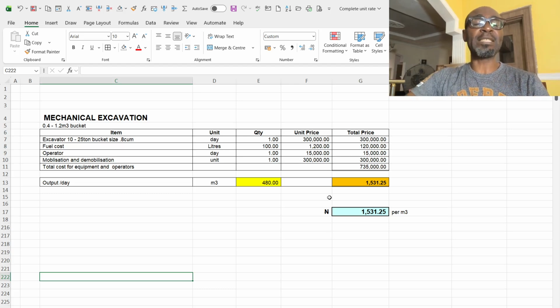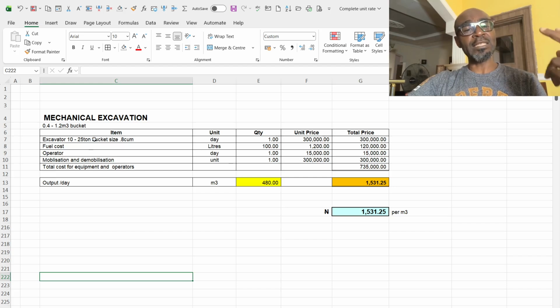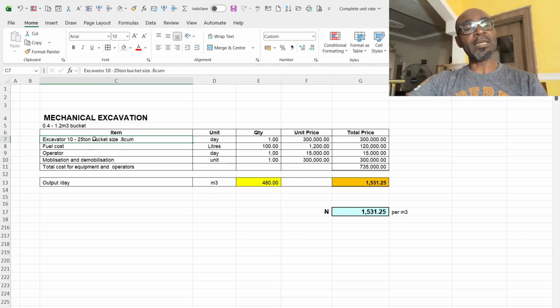As you can see on my screen, we have a table where I have a list of items that will be considered when you are building up this rate for a mechanical excavation. The first thing to be considered is the excavator. And I did say that the volume of material you need to dig will determine the kind of excavator you are going to bring into site.